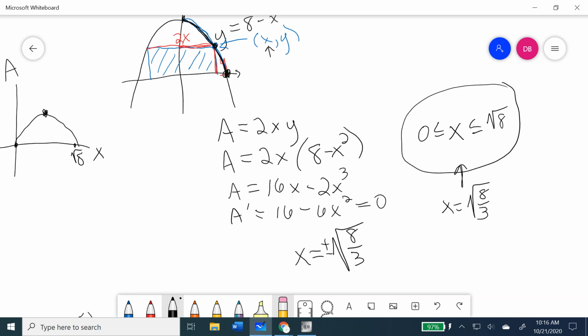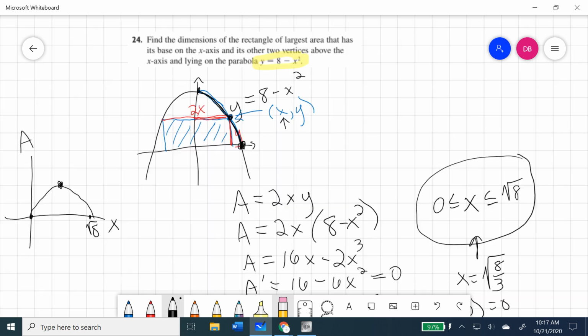On an AP exam free response, all you would need to do is say that the area at x equals 0 and root 8 are 0, and then say what the area is at the square root of 8/3. Then you have shown the values at endpoints and critical numbers.